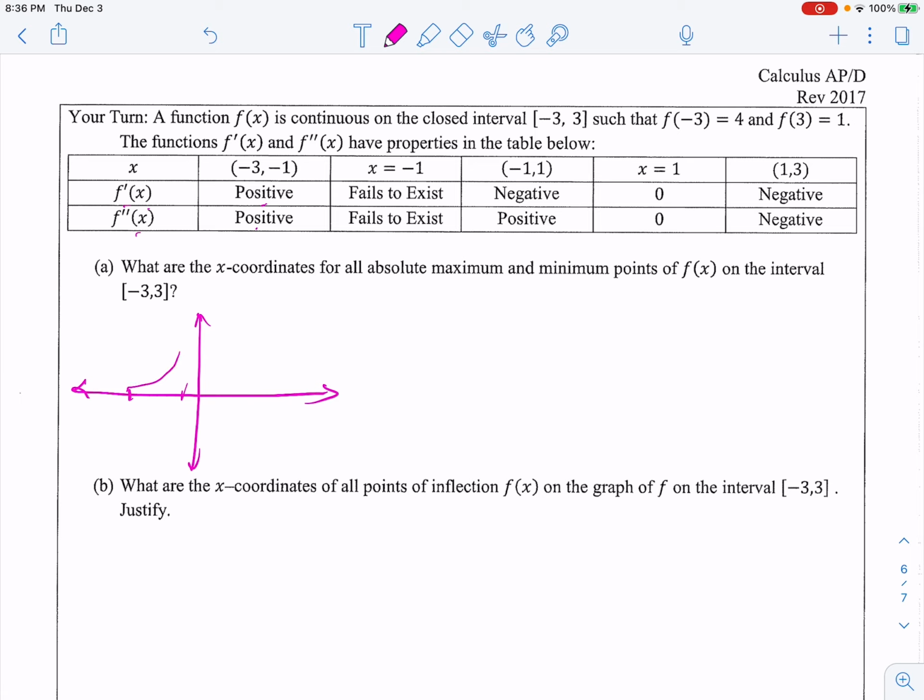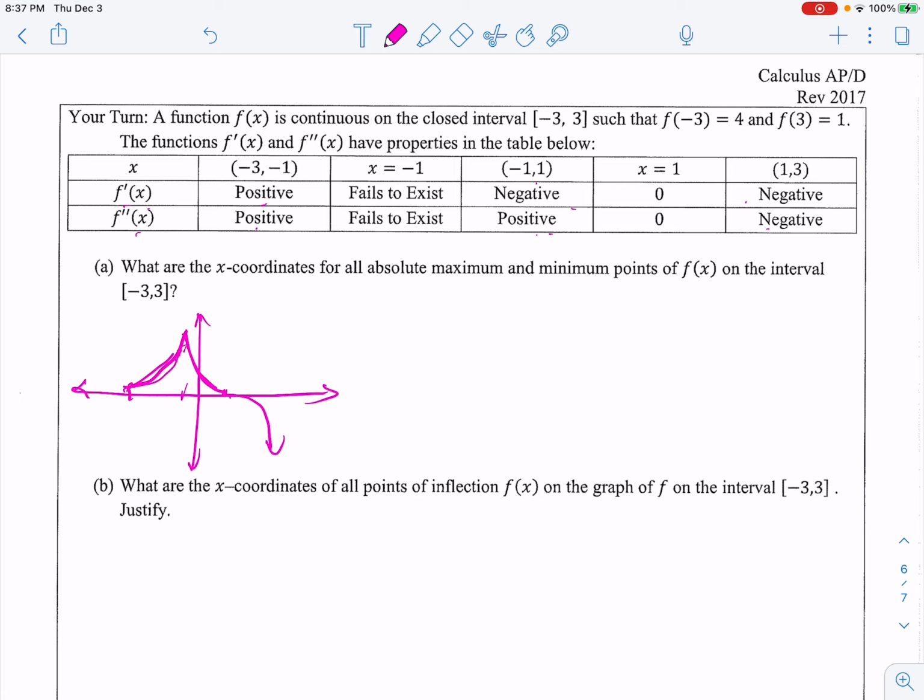Okay, at x equals a number, it fails to exist. Between -1 and 1, it's negative, so it's decreasing, and positive, so it's still concave up. So it looks like it goes like this, and this. At 1, it's 0, and it's negative and negative, so it didn't do anything.